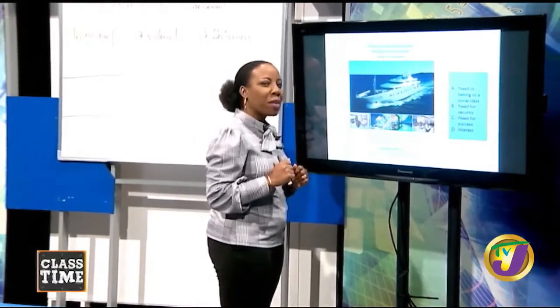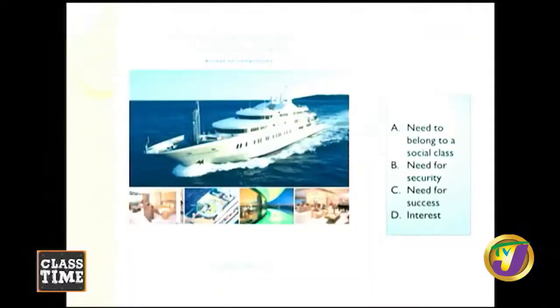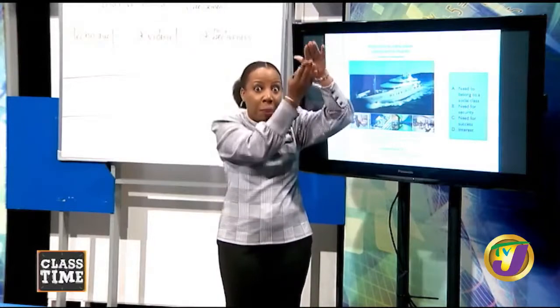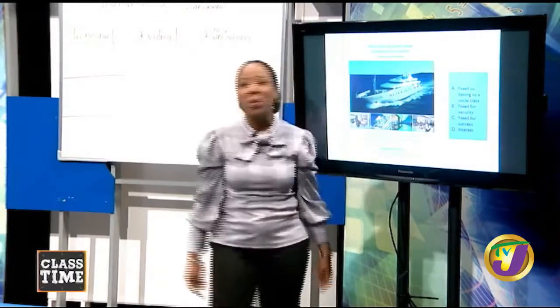So everybody can be successful, but we want to set up a demarcation between the people who own the yacht as opposed to the people who charter them or rent them or just go on them to spend holidays. So we're setting up the idea of belonging to a particular social class, because even in the upper echelon of society, that class is also stratified. People belonging to the top, the middle, and the lower stage. Understand? I'm sure you do.